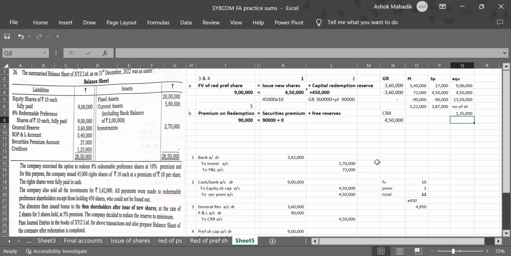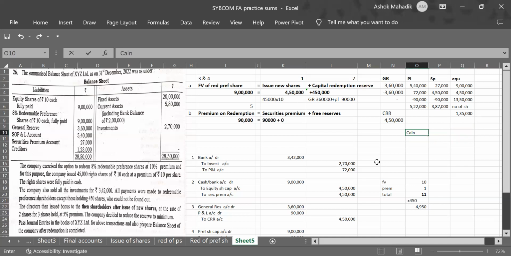The directors then issued bonus to the shareholders. Shareholders means after issuing the right shares, whoever new shareholders are there, they are getting these bonus shares. At the rate of 2 shares for 3 shares held. So those who have 3 shares will get 2 shares as a bonus, which is free. Okay. So I'll make a working note here.